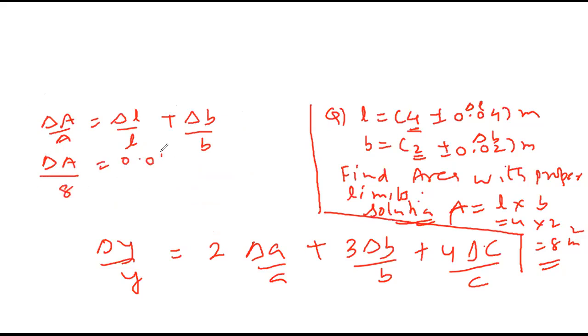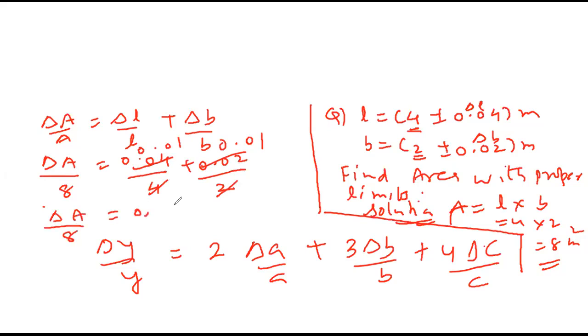Delta L is 0.04, L is 4, delta B is 0.02, B is 2. So this is 0.01, 0.01. Therefore, delta A upon 8 is 0.02.